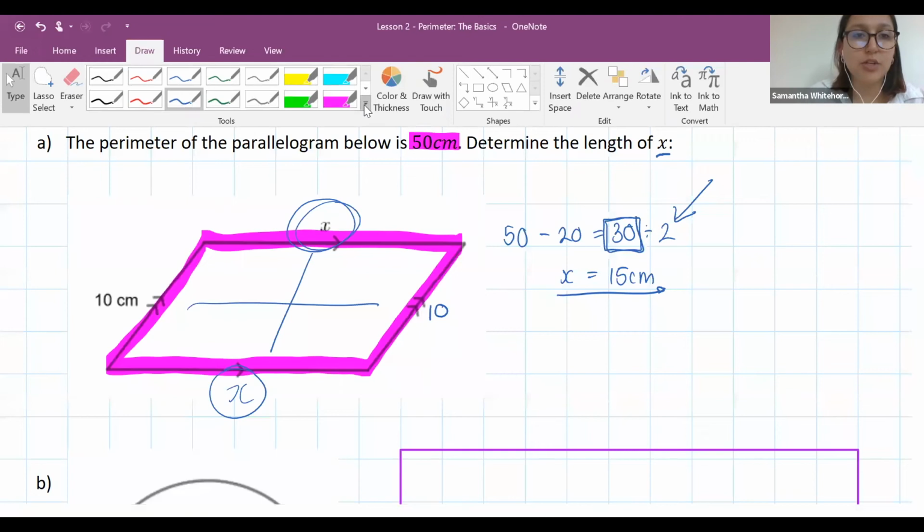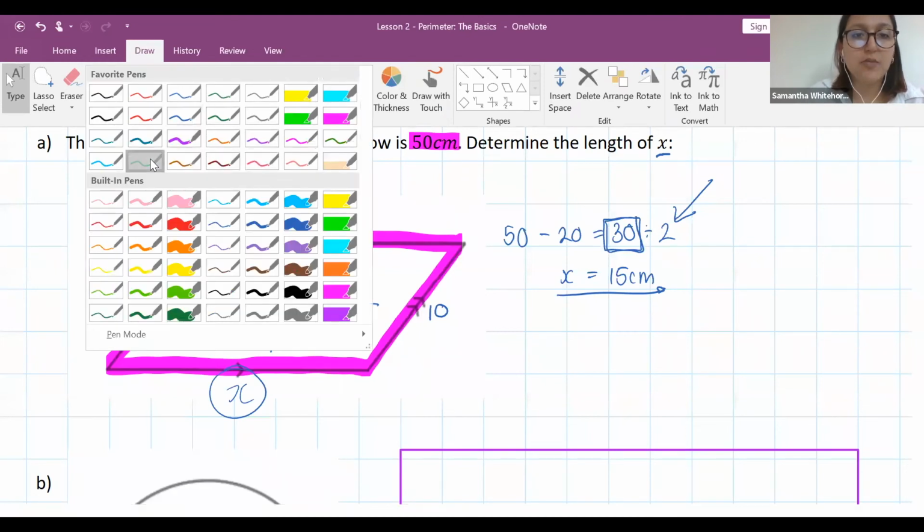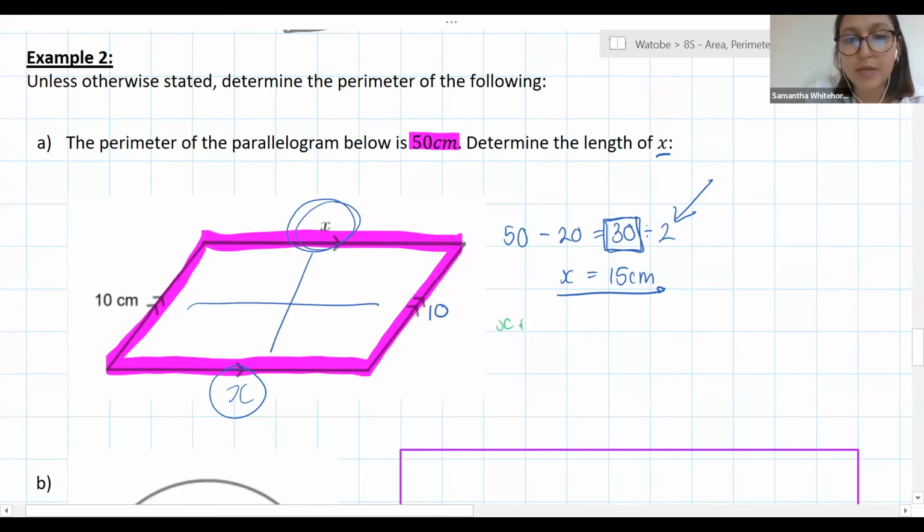And when I say algebra, you can use your x's. If we wanted to do that, we know that x plus 10 plus x plus 10 must give me the 50-centimeter perimeter. When I add my like terms, I get 2x plus 20 equals 50.